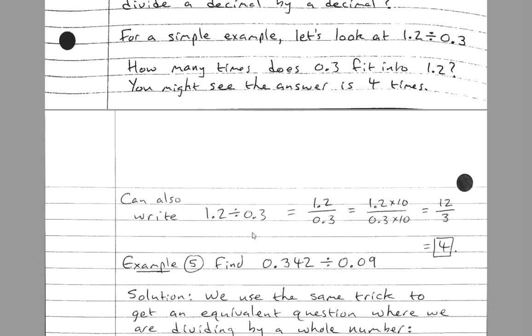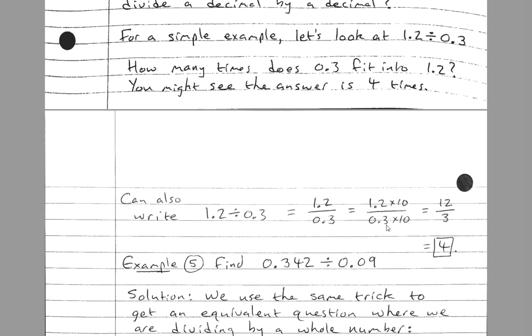And one nice way to set it up, this is an easy example, but to see how it's going to work in general, 1.2 divided by 0.3, think of it like a fraction. So 1.2 over 0.3. What's different here is we're dividing by a decimal instead of a whole number, but it's pretty easy to make a decimal into a whole number.